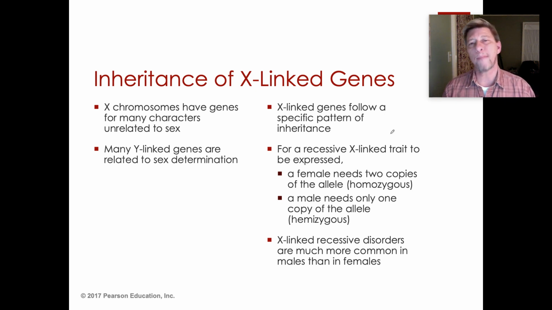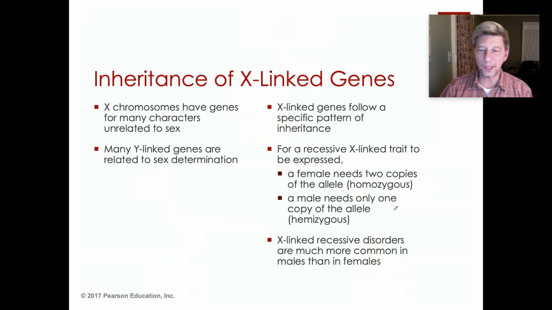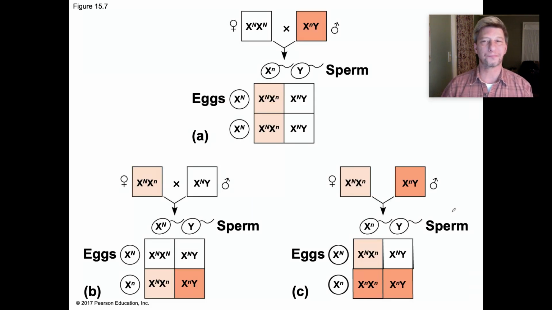But in order for the male to carry that trait and to have that phenotype, he would only have to have 1 copy on his X chromosome, because his other chromosome is a Y, and it can't counteract that. There's no place for the dominant gene. And so therefore, X-linked disorders are much more common in males than in females.